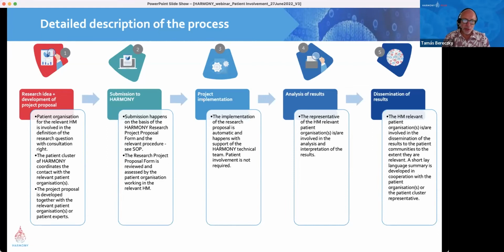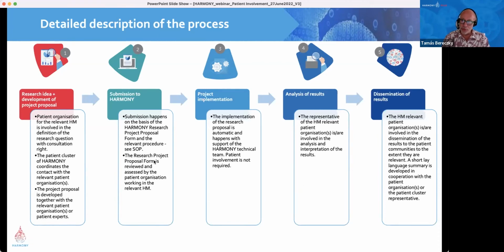Also, which is something that's been done quite regularly and consistently so far, the research project proposal form is reviewed and assessed by the patient organizations if there's sufficient time for them to do so, which means that obviously it becomes much easier and faster if the patient organizations are involved in the development of the research idea and the development of the project proposal.